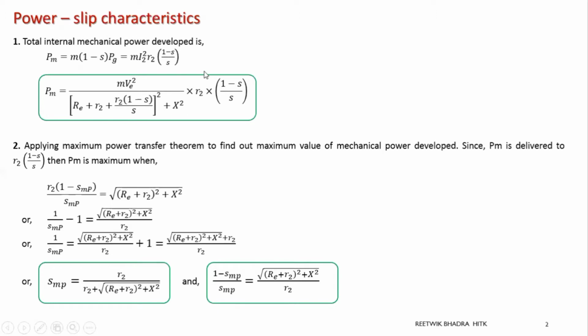What is our load impedance? R2 into (1 minus S) by S. This S will be replaced by SMP, because this is the slip at maximum power. Previously, when applying the maximum power transfer theorem to find the maximum torque, S was replaced by the slip at maximum torque. Now, since we are finding maximum power, it is SMP.